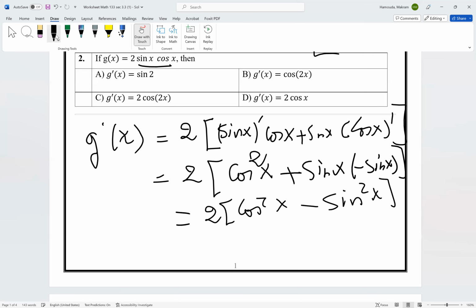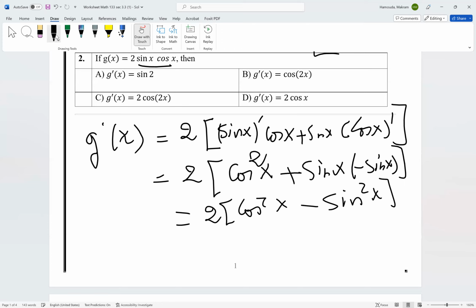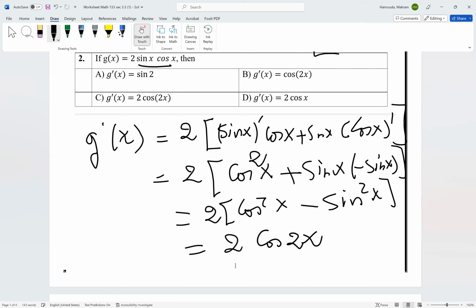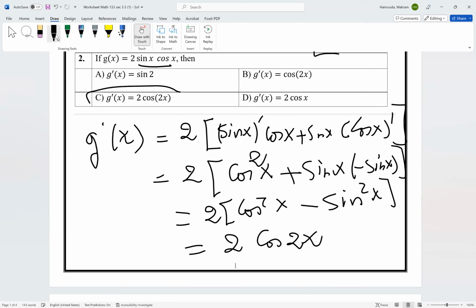And if you remember from trigonometric identity or definition, cosine square minus sine square, this is exactly cosine 2x. So the answer is equal to cosine 2x. That means the answer is C here.